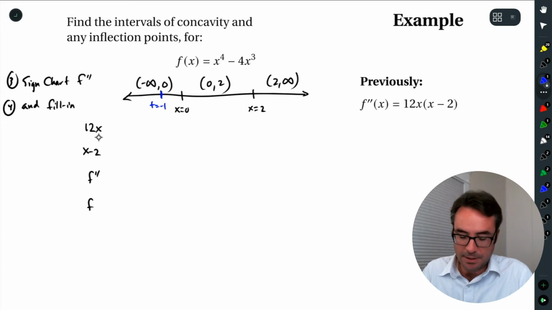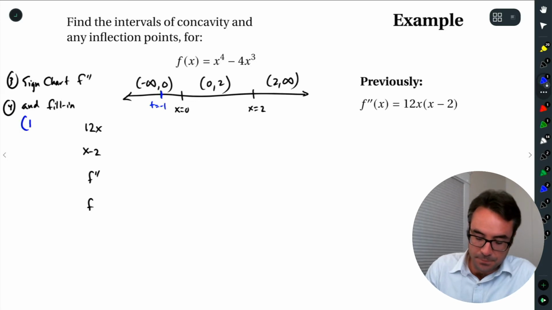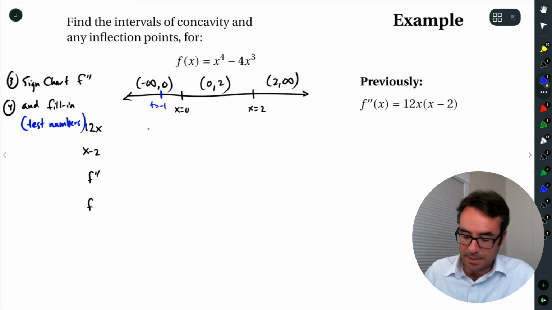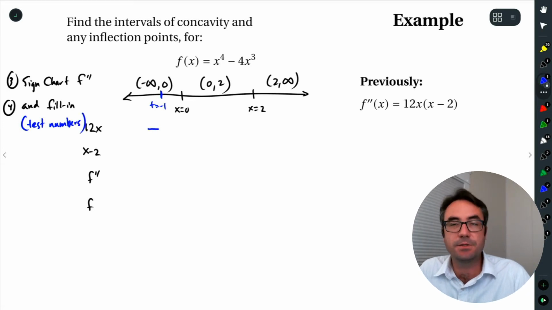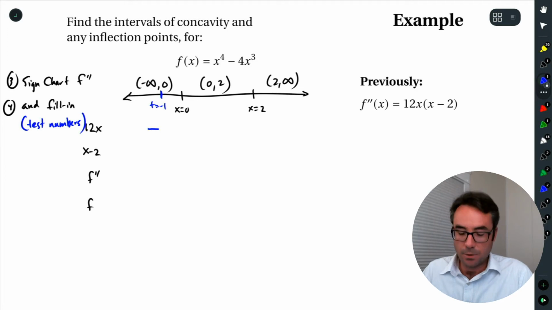So when I plug -1 into this 12x factor, I get -12. I don't really care about the number. I just care about the sign, whether it's positive or negative. So we're using test numbers here just to help us. So I'm getting a negative here when I plug -1 into that 12x factor. Well, what do I get when I plug -1 into this factor?